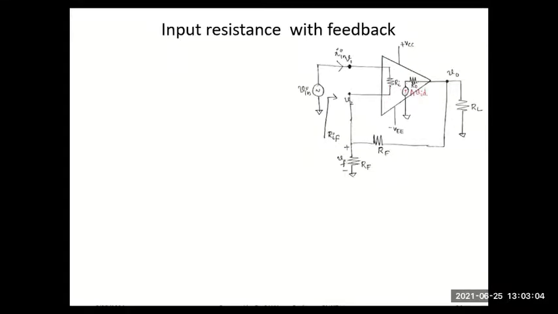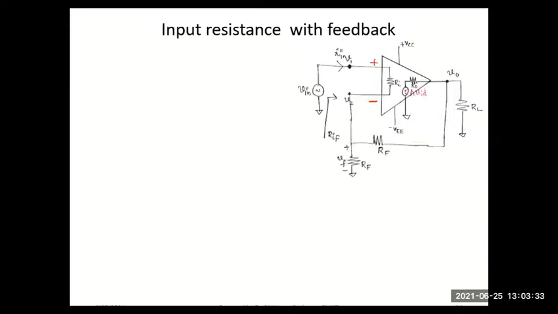Within this triangle, I have used the Thevenin's equivalent circuit of the op-amp, where I have a resistance Ri connected between the non-inverting terminal, this is your non-inverting input, and the inverting input. On the input side of any amplifier, there will be some resistance Ri.